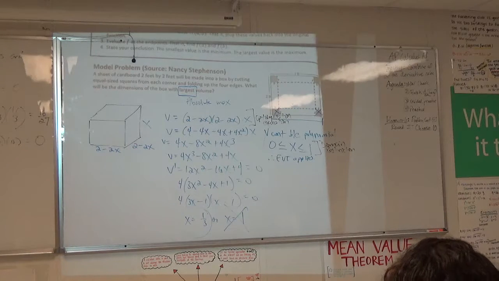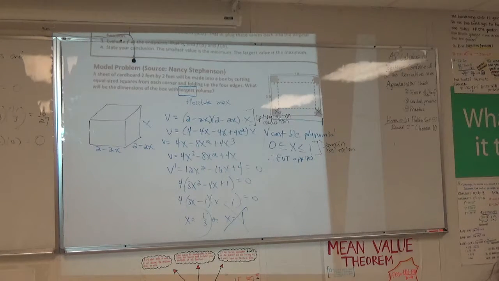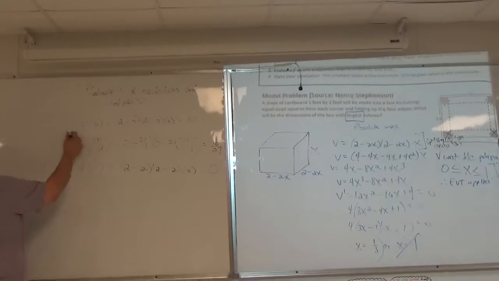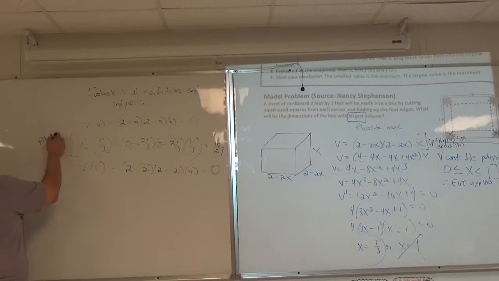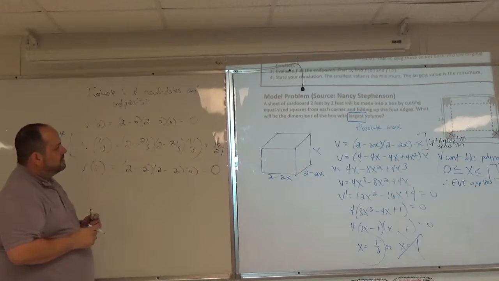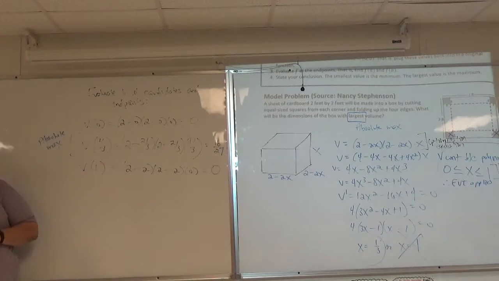Everybody okay? Okay. So here's the thing. What we know is this must be the absolute max. But answer the question. What are the dimensions of the box with largest volume? Resist the temptation to say 3 again. Yes, it will be a 3-dimensional box. What I'm looking for here are length, width, and height.